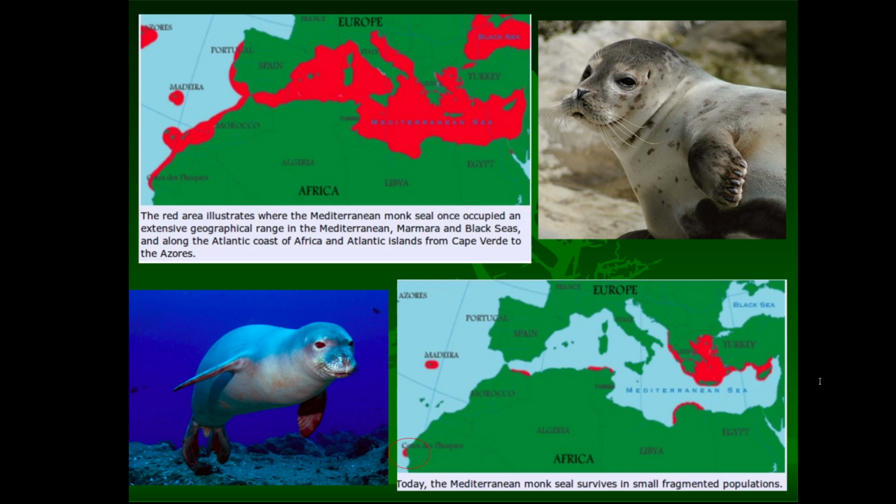A serious worry also for the Mediterranean monk seal, with a population of adults less than about 100 or so most years at the population of Cabo Blanco Peninsula in Spain. The population has shrunk quite a bit to very small areas now left in the Mediterranean area.